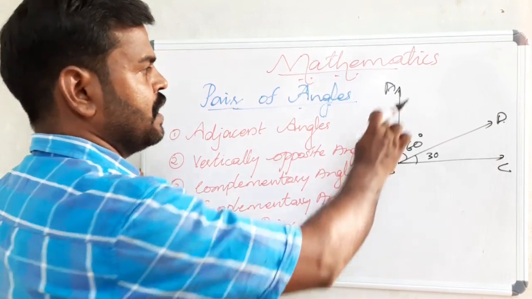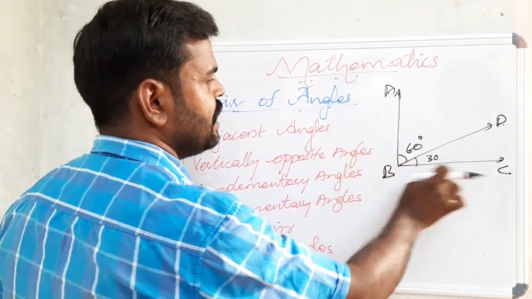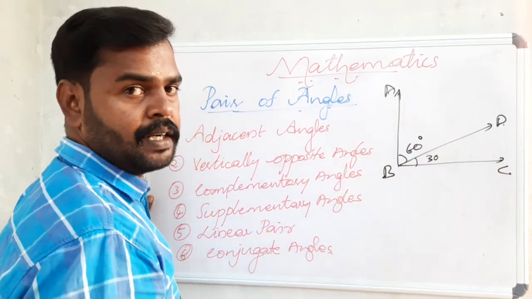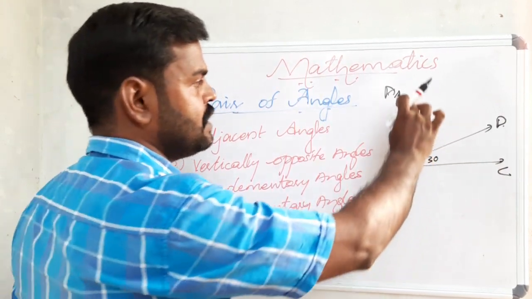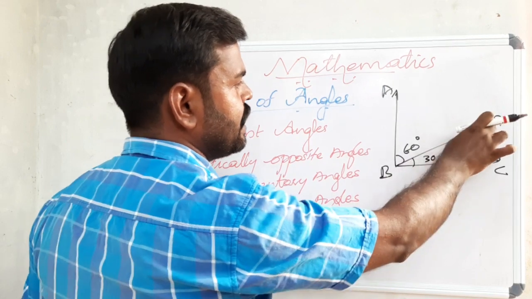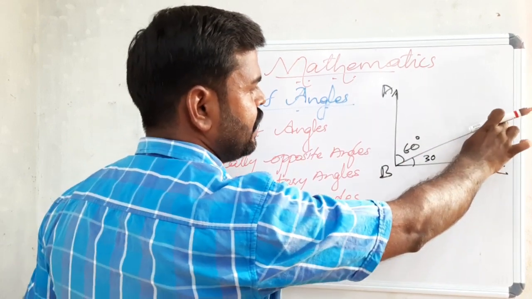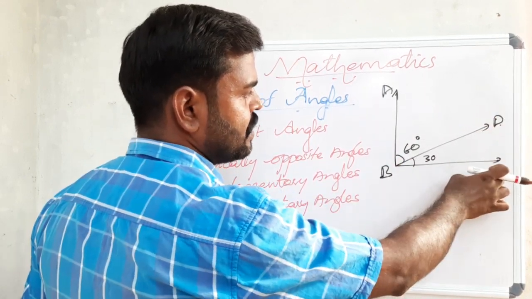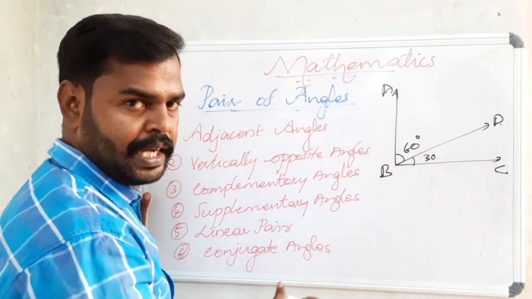Now let us discuss complementary angles. See from the figure, angle ABC, you know very well, is a right angle. In that, ABD and DBC are both adjacent angles.